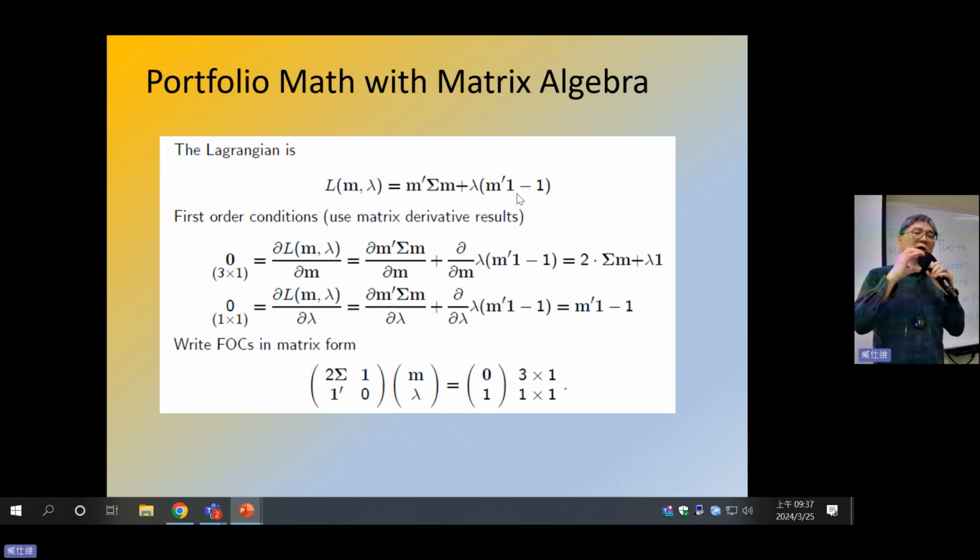This is a very standard Lagrangian function, and then we can calculate the first derivative with respect to the weight, which is n in this case. We call this the first order condition. I think that probably will refresh your memory of what you learned in your calculus course.